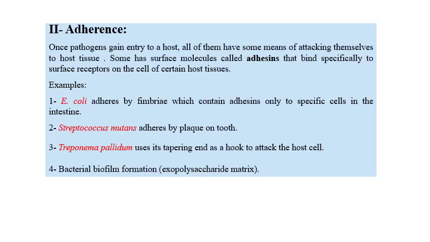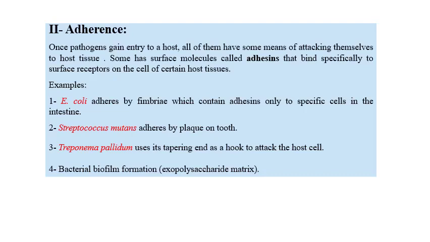Streptococcus mutans produces a certain substance called plaque. This plaque covers the tooth and enables this streptococci to adhere on the tooth. And then, of course, it can cause dental caries because this organism is the causative agent of dental caries.